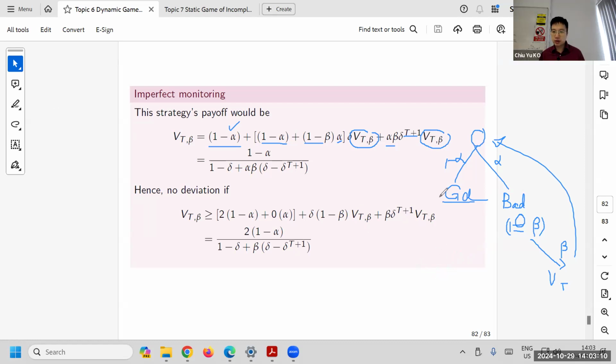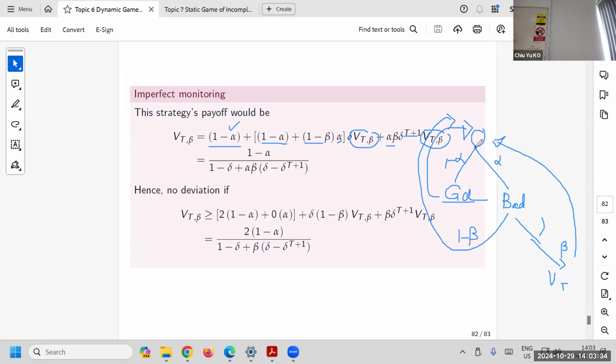If good, then you go back to here. If bad, you also go back to here with probability 1 minus beta. And if the bad thing happens, then you get 0, 0, 0 for T periods and go back.